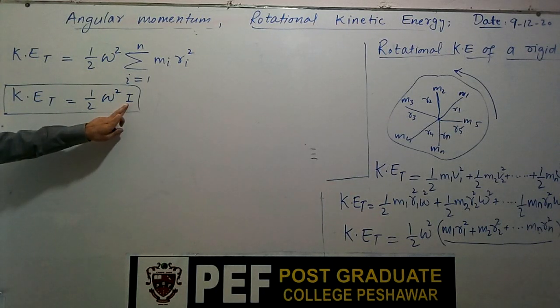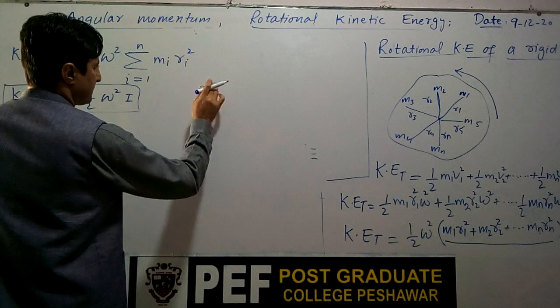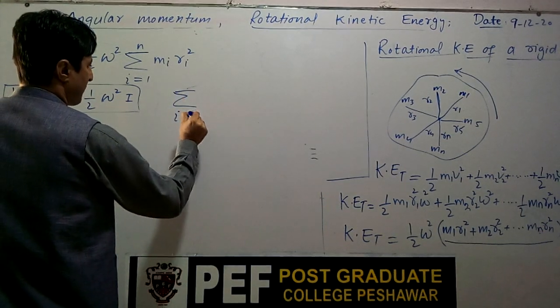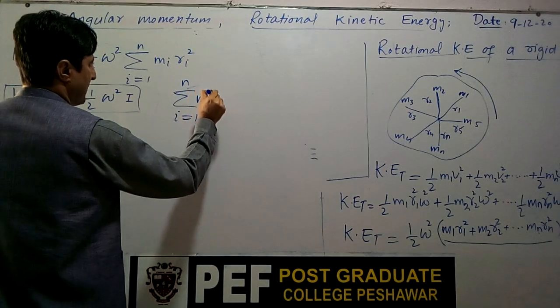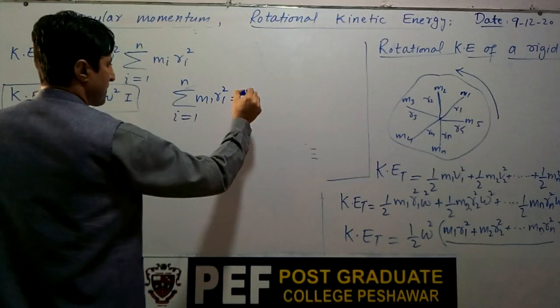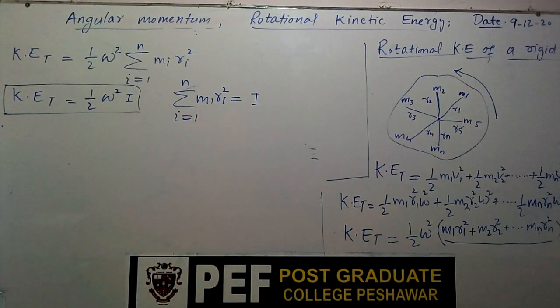This I is the moment of inertia here. So summation i from 1 up to n of mi ri square is equal to I, the moment of inertia. I hope that is clear.